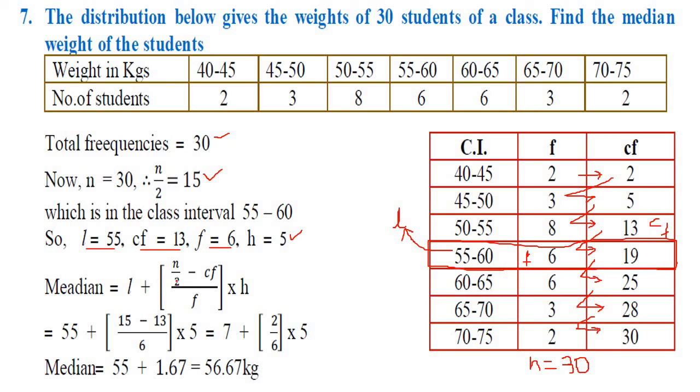Median is equal to L plus n by 2 minus Cf divided by small f into h. Lower limit is 55. Substitute the value of L, then n by 2. N by 2 is 15.